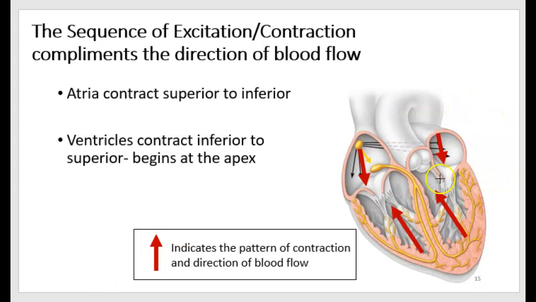Because of the direction of excitation moving also superiorly, it complements the direction of blood flow so that you'll have muscle cells near the apex of the ventricles contracting before the muscle cells that are more superior. So it'll squeeze the blood out from bottom to top. And I think it's really cool to see form following function like that.